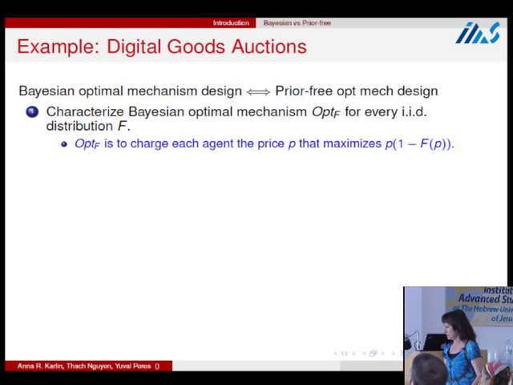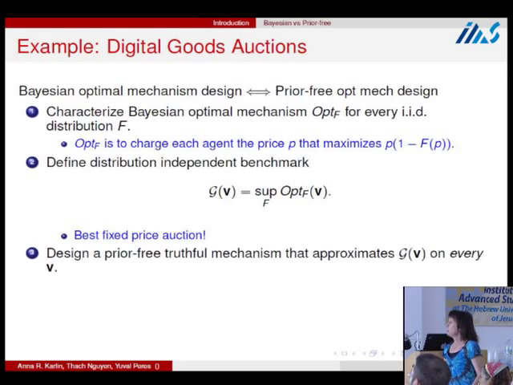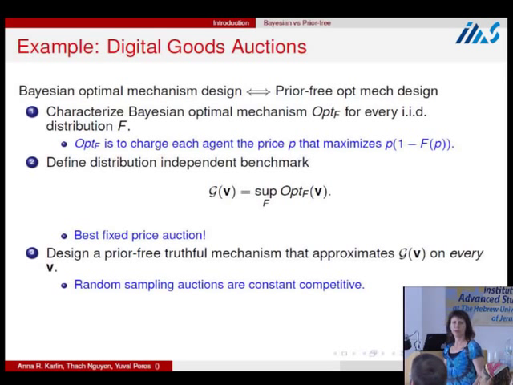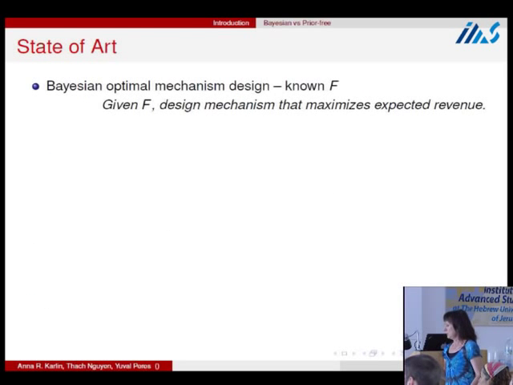That's the optimal mechanism for a particular prior F. And so what is the distribution-independent benchmark? It's just the best fixed price auction. And we know how to compete with that using random sampling type auctions, and it's all very nice.